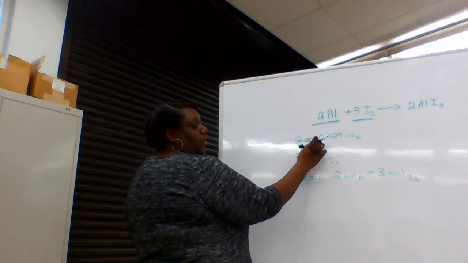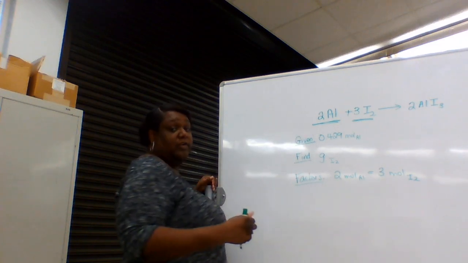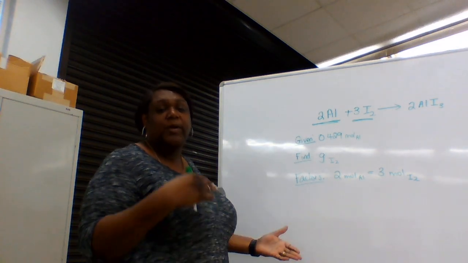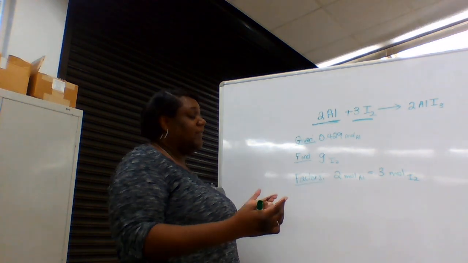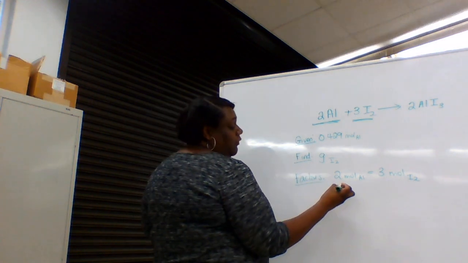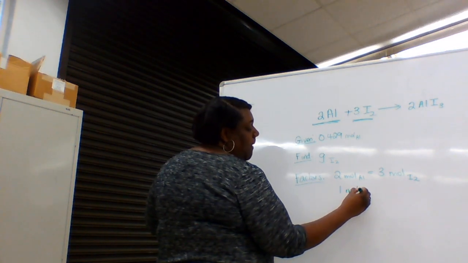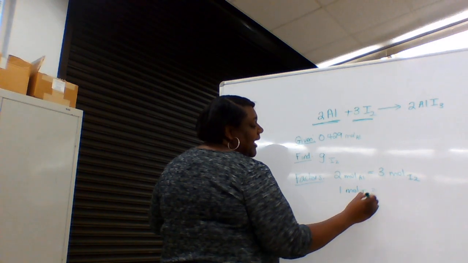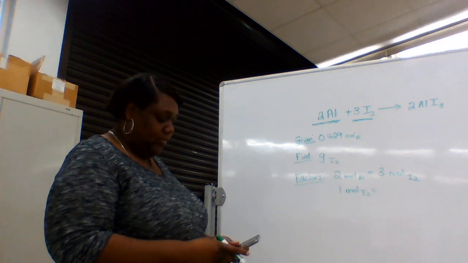Again, I'm always going to start with what they gave me. I do need the balanced chemical equation because remember, to convert from one species to another, I have to use the unit moles because that's the only basis of comparison I have. But also on this problem, I know that 1 mole of I2 is going to have a mass that's equal to the mass that's on the periodic table.